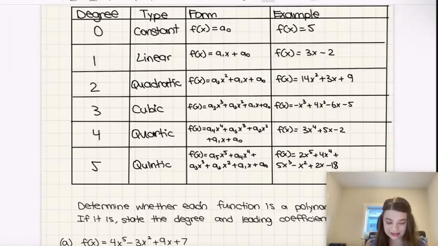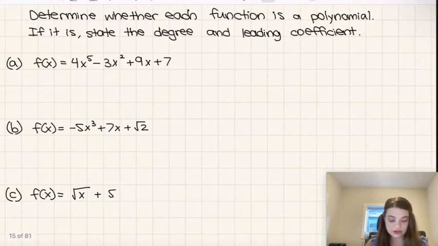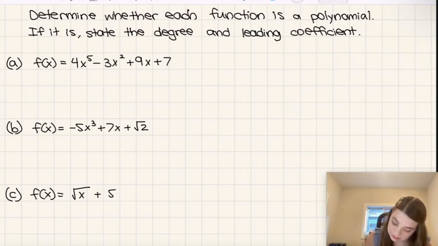Okay, so now that we have some idea what a polynomial is, I'm going to go through the solutions to determining whether each of these functions is a polynomial or not, and if it is, we'll state the degree and the leading coefficient. So this first one, yes, this is a polynomial because it doesn't break any of the rules.